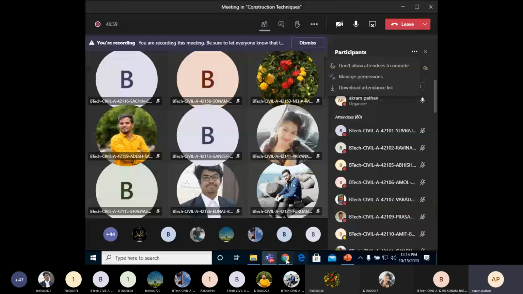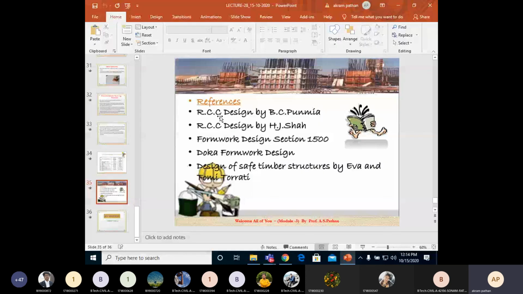These are the references: RCC Design by B.C. Punmia. If you see B.C. Punmia, you will be able to see all the types of formwork, their stripping time, removal time, and the different types of formwork. Then RCC Design by H.J. Shah.